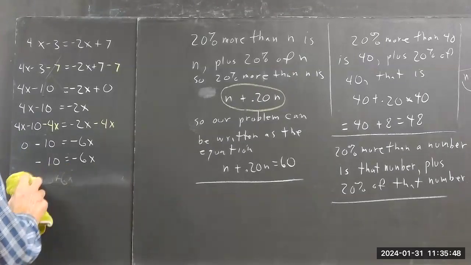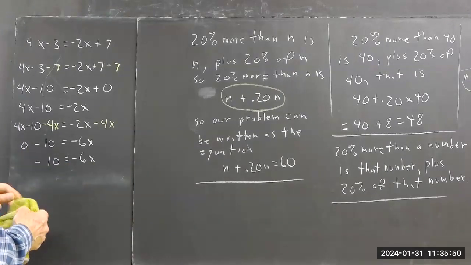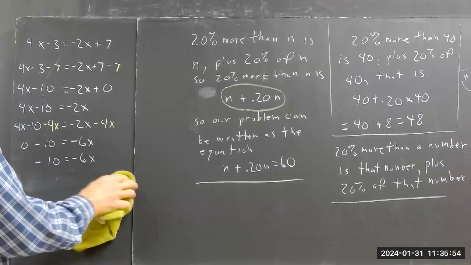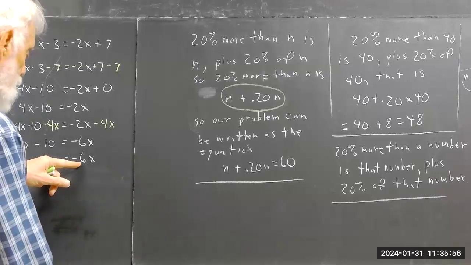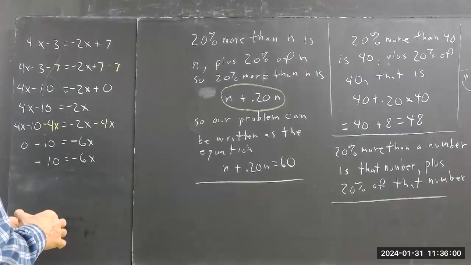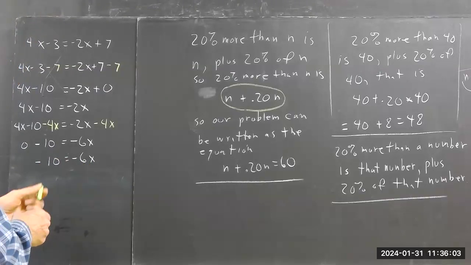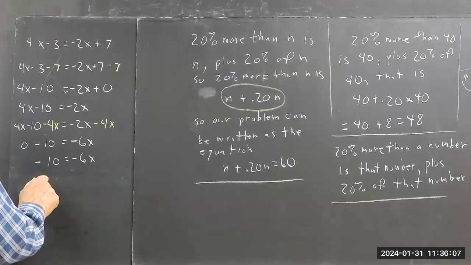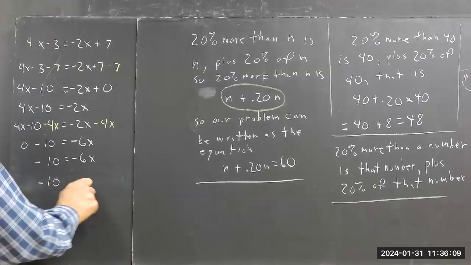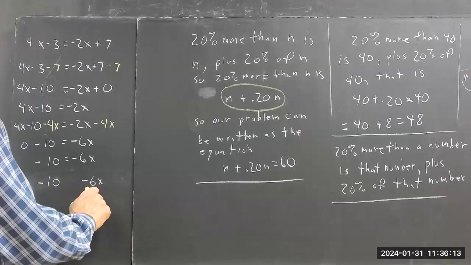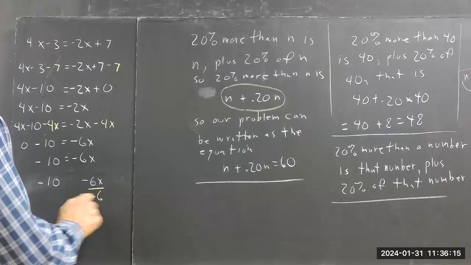That's talking about why we can't get rid of the 6 here by adding a 6, because this 6 is multiplied by x. What we want to do to get rid of this -6 is we write our -10 here, our -6x here, and we divide by -6.